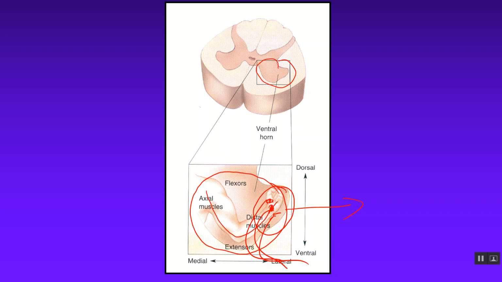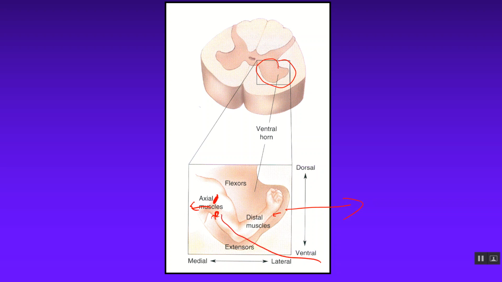And anterior horn cells that lie more proximal, or more medial, I should say, are going to more proximal muscles: shoulder girdle, scapula, those kinds of things. The more anterior they lie, the more they're going to be going to extensor muscles, and the more posterior they lie, the more chance they're going to be going to a flexor muscle.